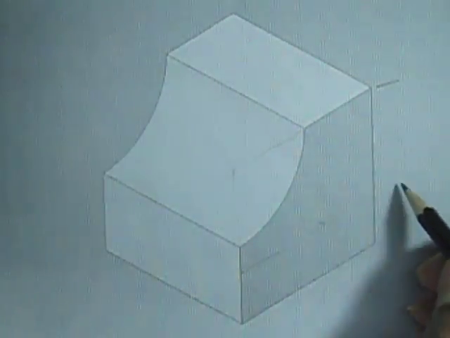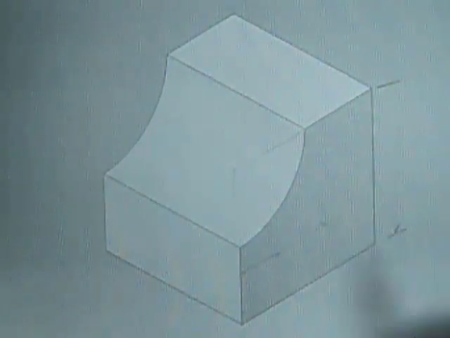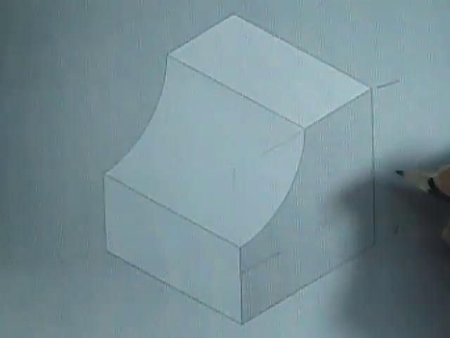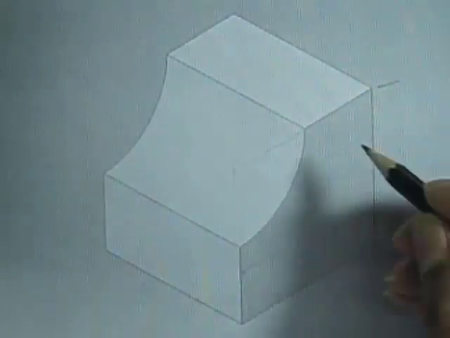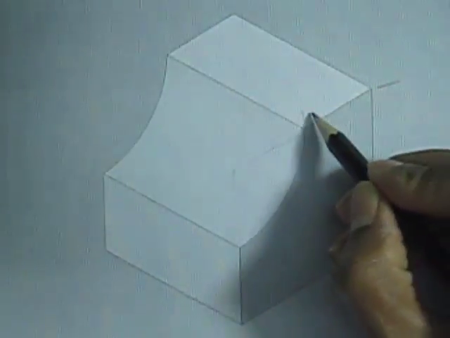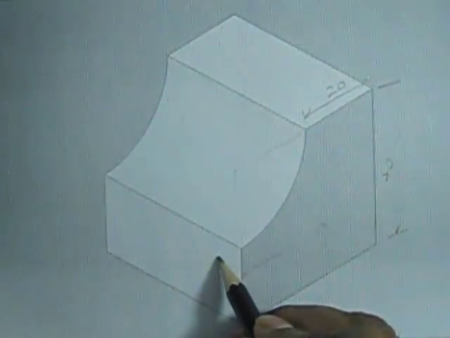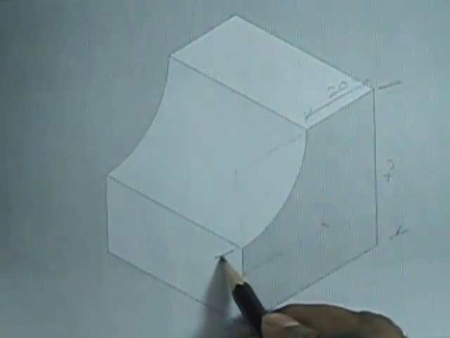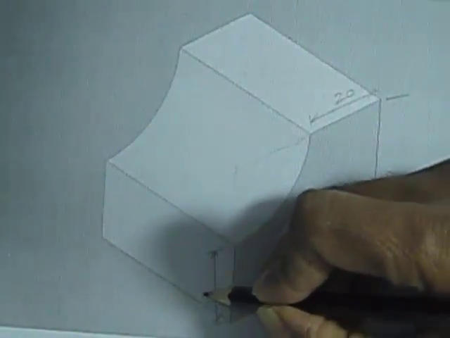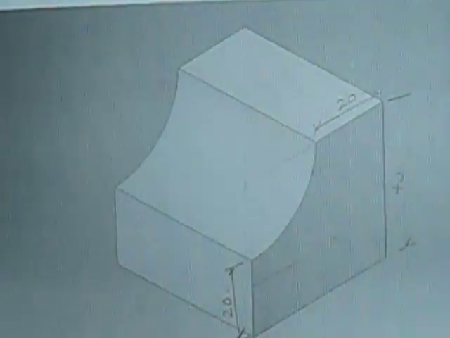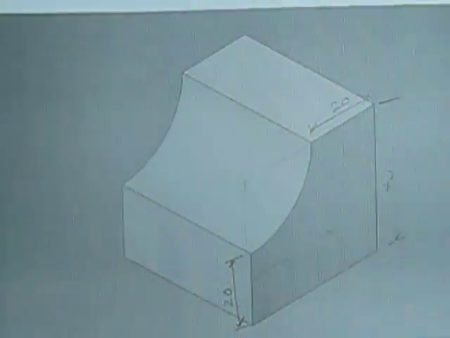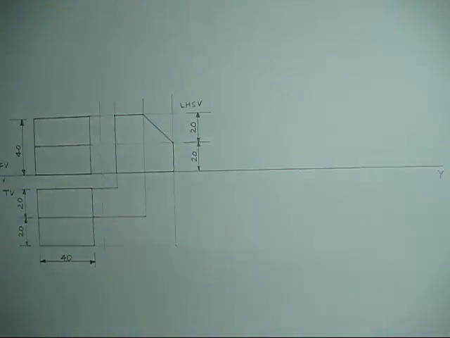This is one of the edges of the cube, which is 40 mm, and the curved surface cuts this edge midway, so this dimension is 20 mm. This is also 20 mm. And the radius of curvature of this curved surface is 20 mm.